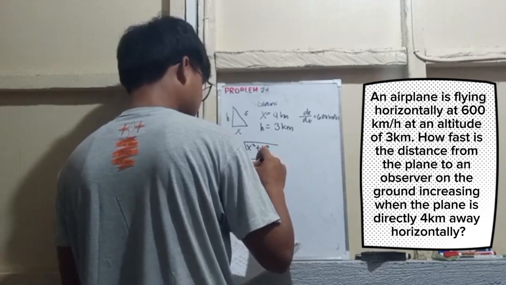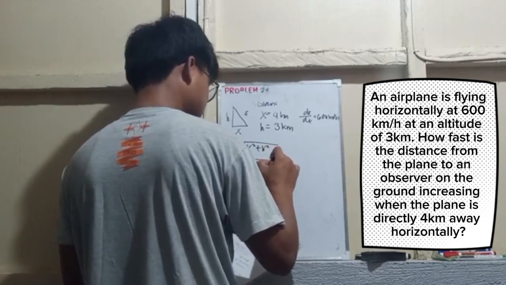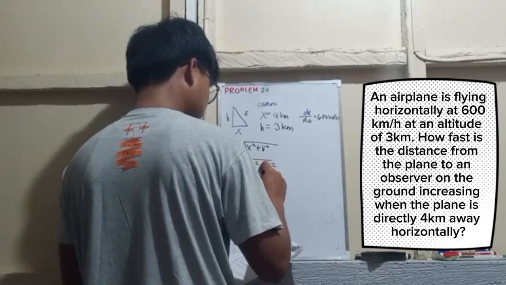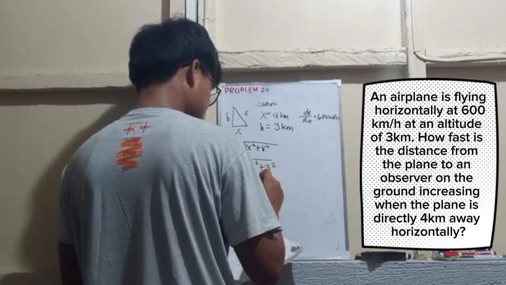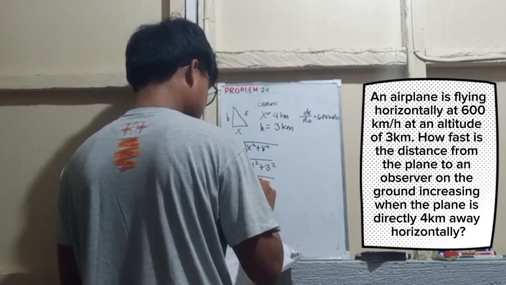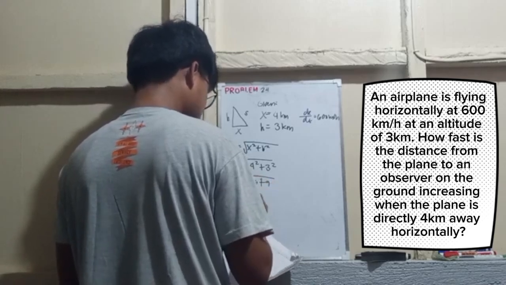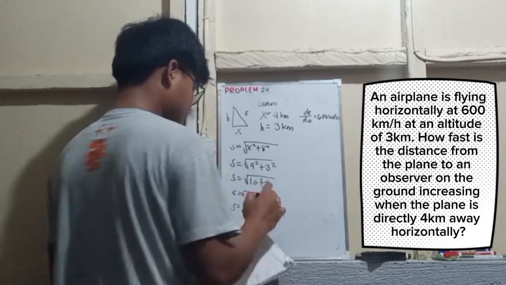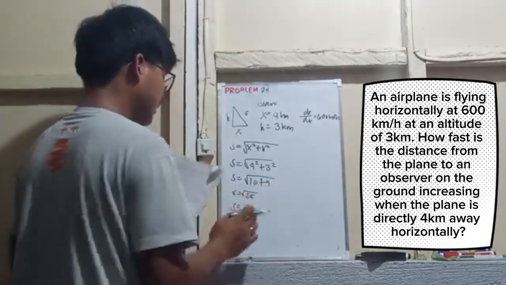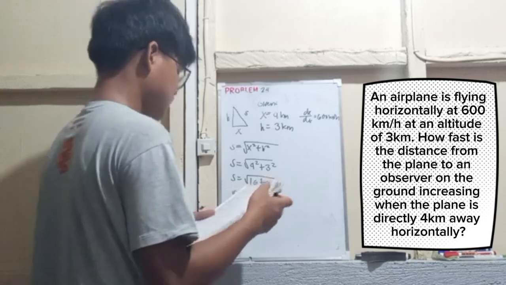So we'll get the square root of 4 squared plus 3 squared, which is the square root of 16 plus 9, which is the square root of 25, which is equal to 5. So now, we get the value of s as 5.